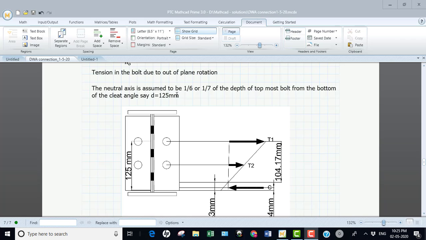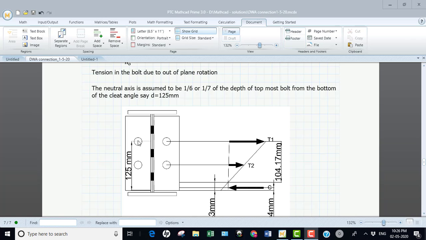Through the literature, we came to know that the CG of the out of plane moment falls at a distance of 1/6 to 1/7 of the depth from the extreme bolt CG to the bottom of the cleat angle.